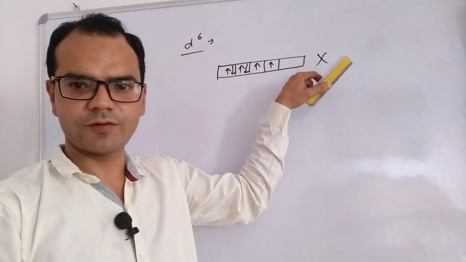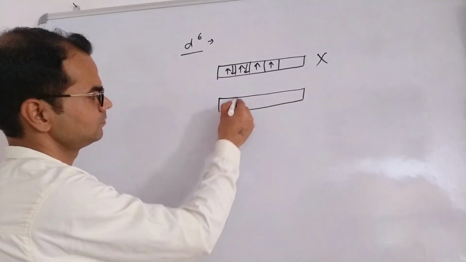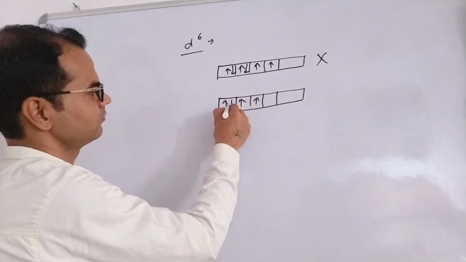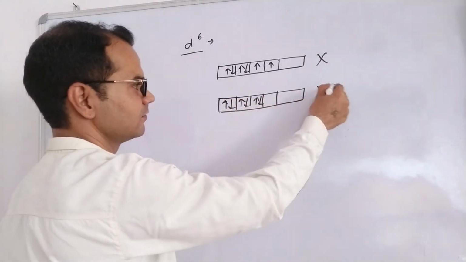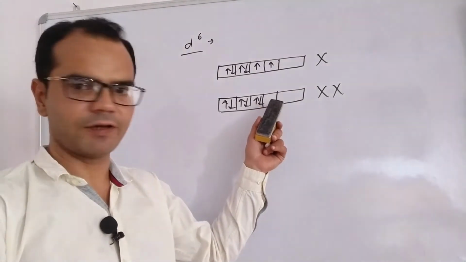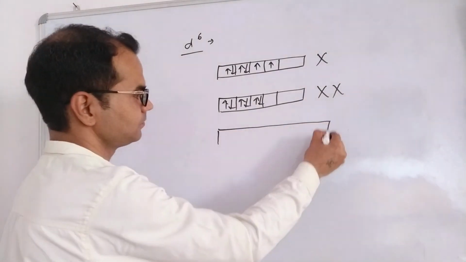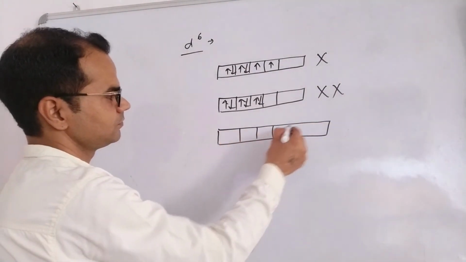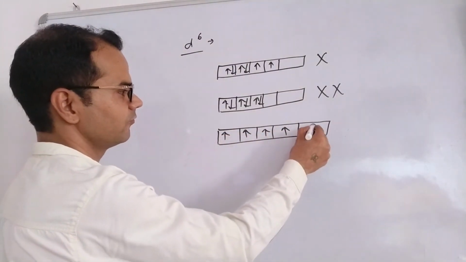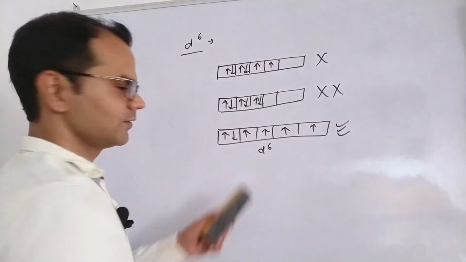Because there is a vacant orbital. And if I fill like this, 1 2 3 4 5 6, again wrong. Why? Because 2 orbitals are vacant, empty. So d6 will be represented as 1 2 3 4 5 6. This is the correct representation.